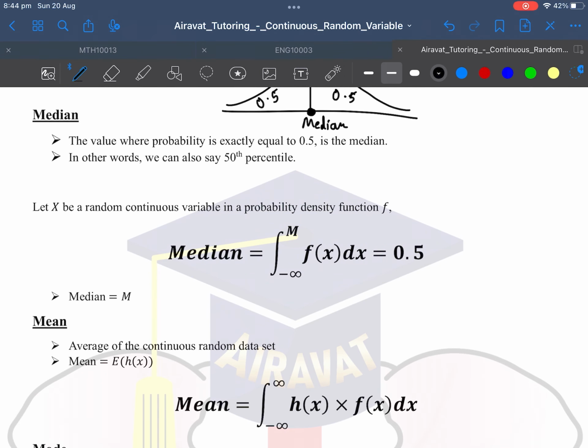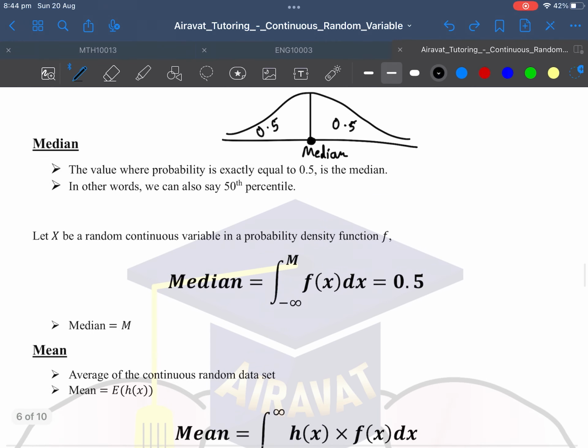Alright. Let x be the continuous random variable in a probability density function f. So this is the integral that you use to calculate the median. As I just explained, this doesn't have to be necessarily just negative infinity. Say that your function has a domain of 0 less than x less than 1.